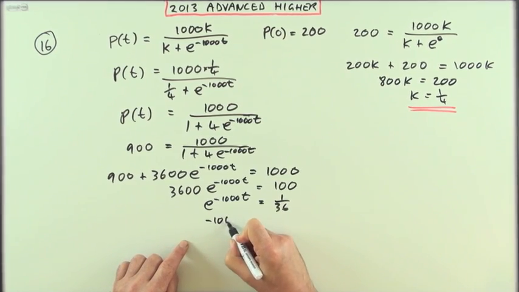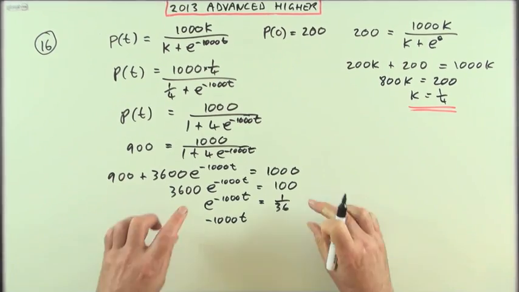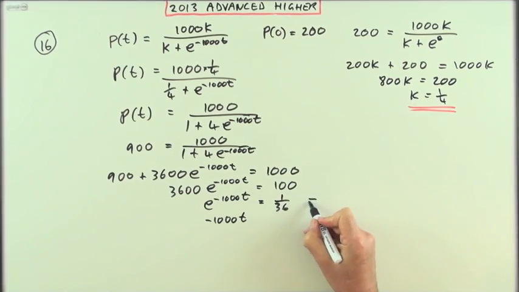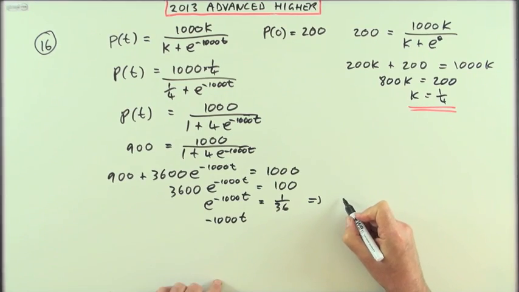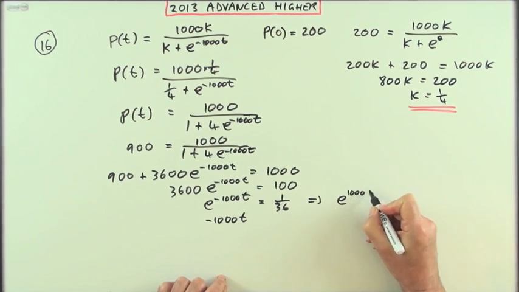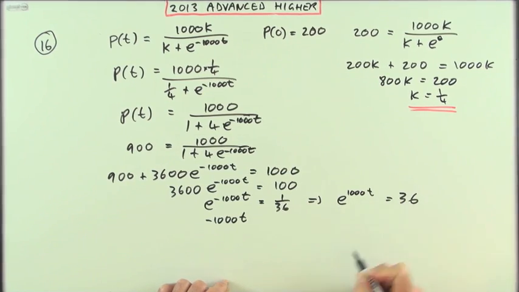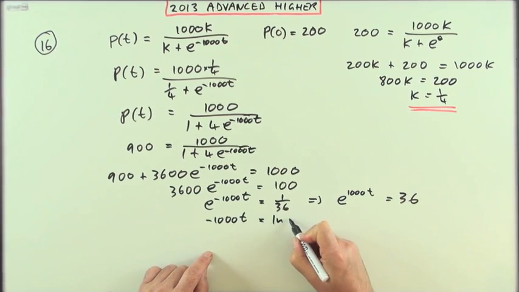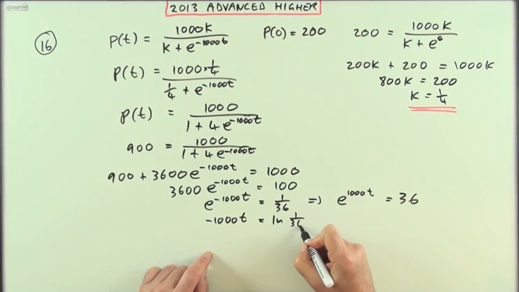So that negative 1000t, or I could just have flipped that there, because if that's the case, then so is the reciprocal of it, which is e to the 1000t should be 36. But I started there anyway. Equals ln of 1 over 36.